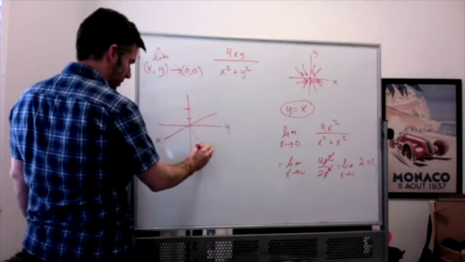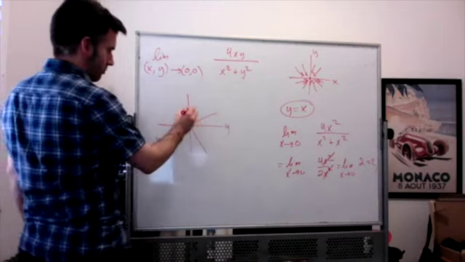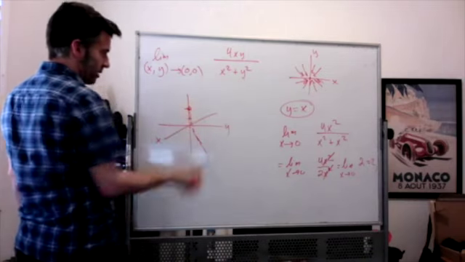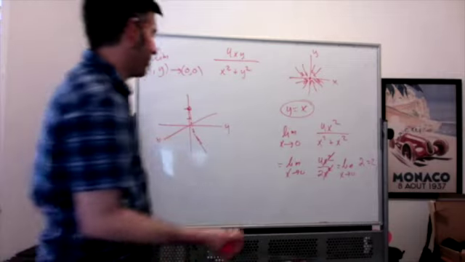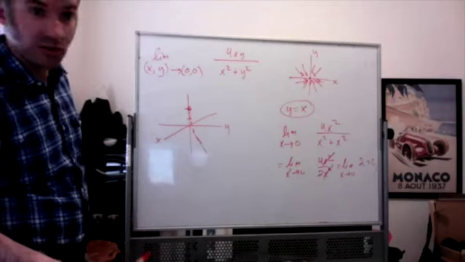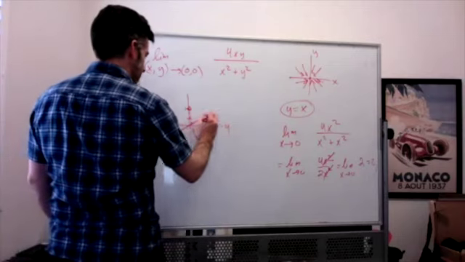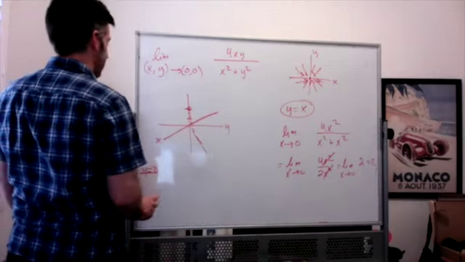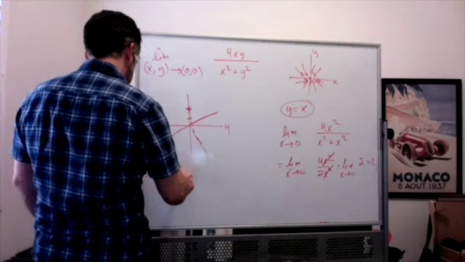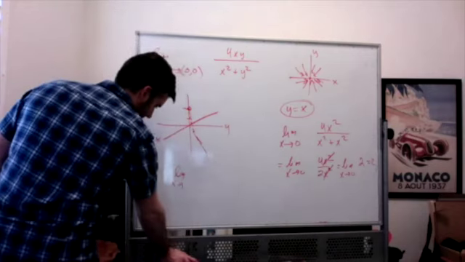So I'm coming at it this way, and it's going to go up to 2, maybe like that. So from that direction, the limit's 2. But if I come from the direction of, I don't know, let's say y equals 0. Here's y equals 0. It's just the x-axis. So if I come from the y equals 0 direction, I get the limit as x, y, sorry, I'm plugging in 0 for y.